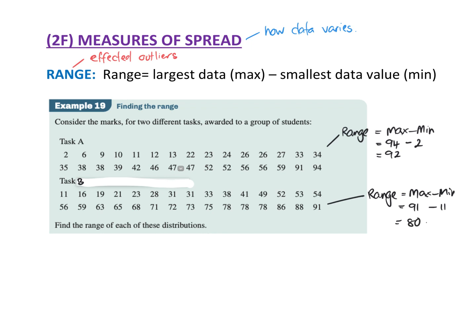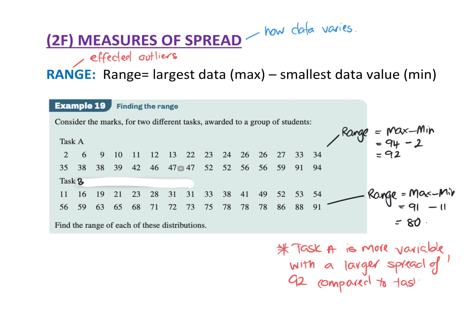So because of that, we could make a statement if we were looking at the spread of these ones. We would say that task A is more variable, because it ranges with a larger spread of 92 compared to task B's 80.